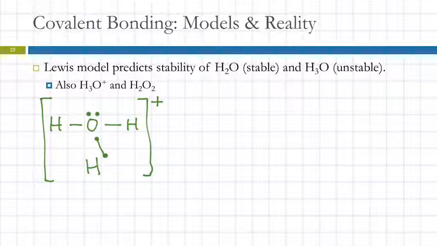Let's look at H2O2. Kind of have to just start again over here. You can experiment with different ways of connecting these, but there's actually only one way you can do it. Hydrogen with 1 electron can only make 1 single bond. It can't be in the middle.